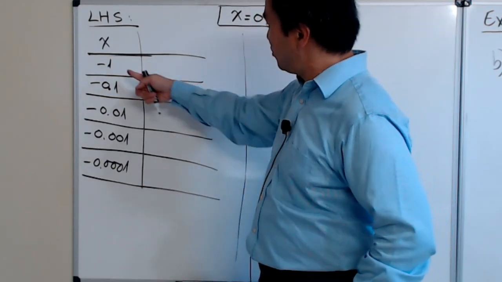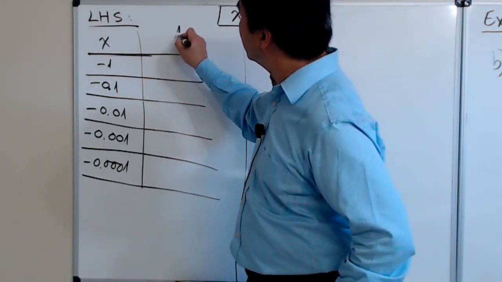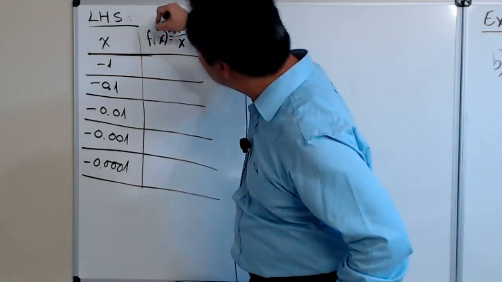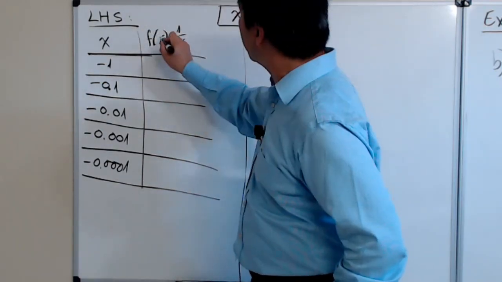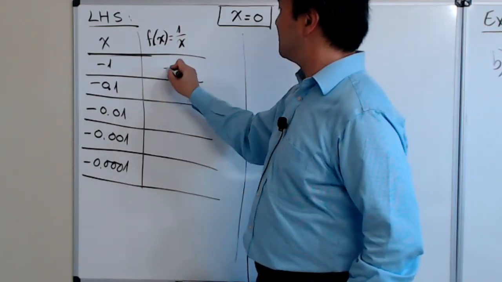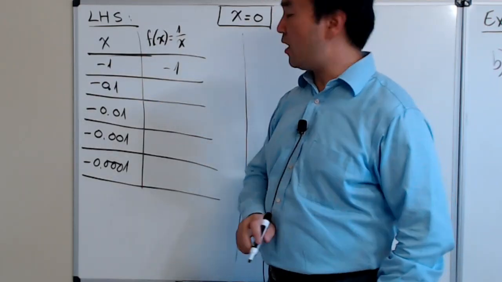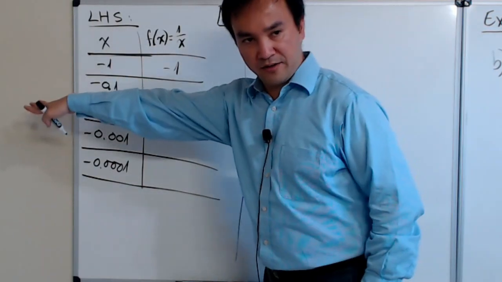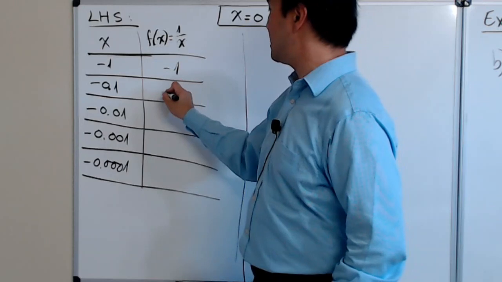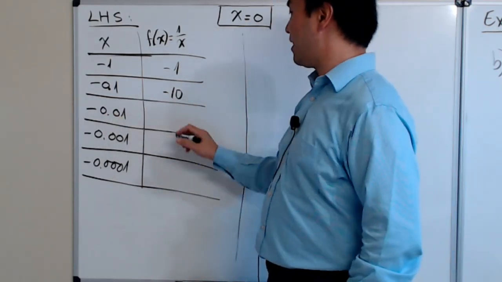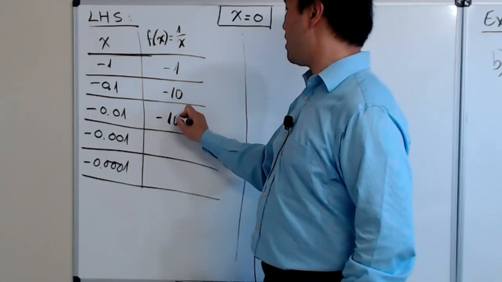Remind yourself that our function is f of x equals 1 over x. When x equals -1, the output value is -1. The -0.1 on the left of 0 is going to give me -10 for output. The -0.01 is going to give me -100.